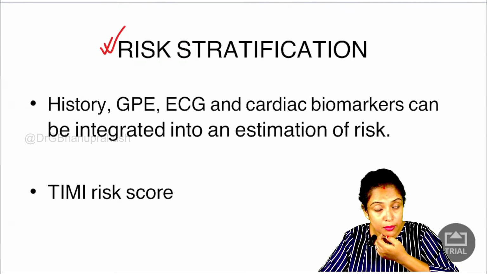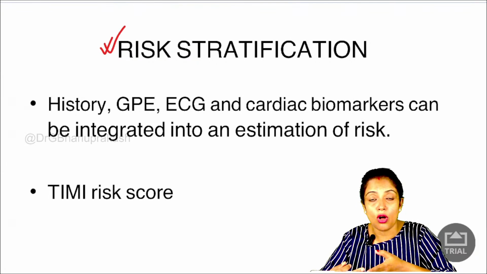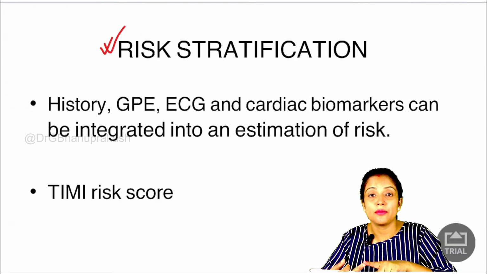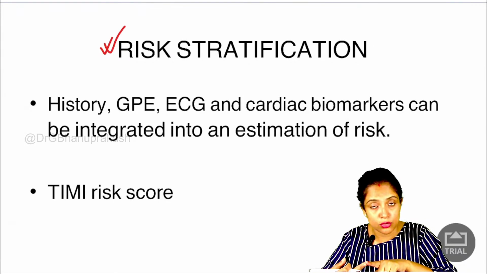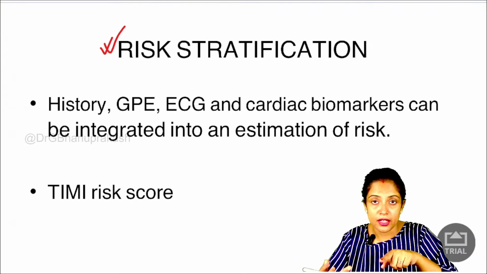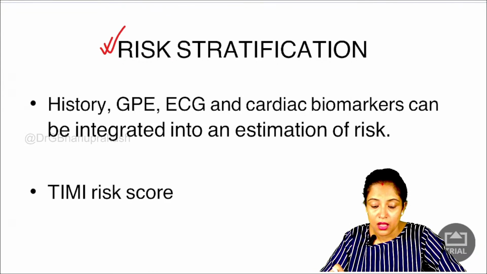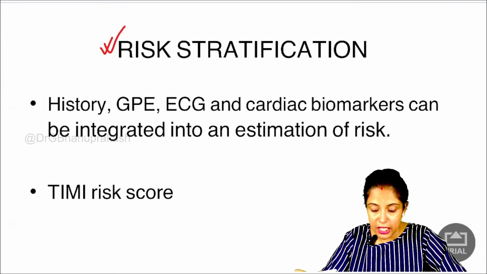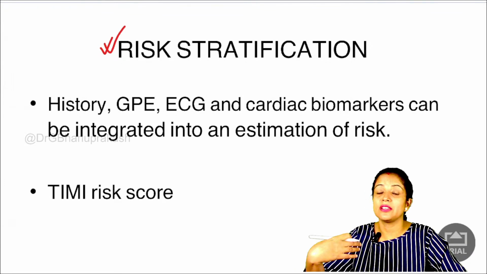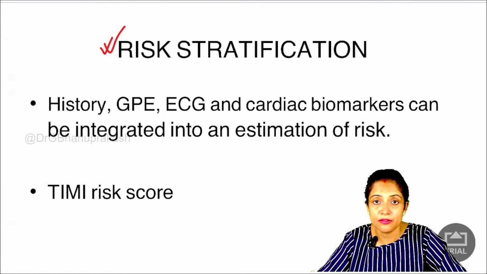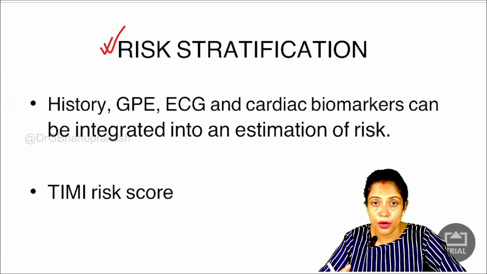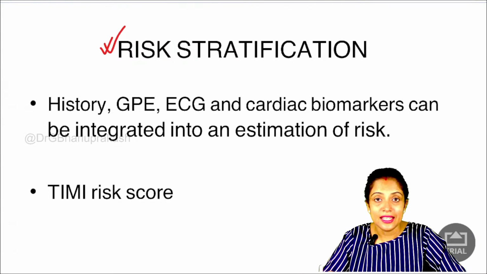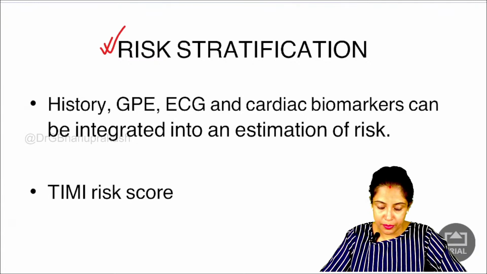What risk are we talking about? The risk can be of death, the risk can be of recurrent coronary syndrome, myocardial infarction. So after risk stratification only, we will come to know who has a very high risk of a future cardiac event, who is at high risk of death because of a cardiac problem, and then we can manage the patient accordingly.